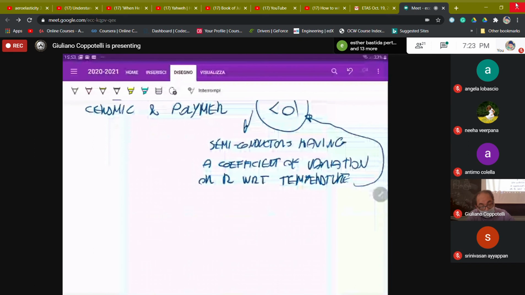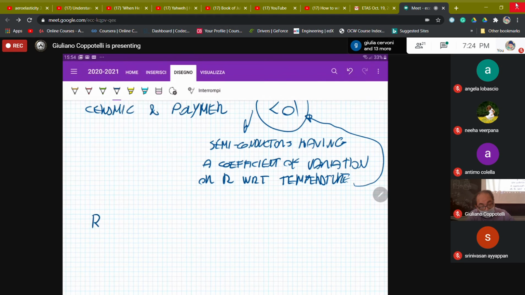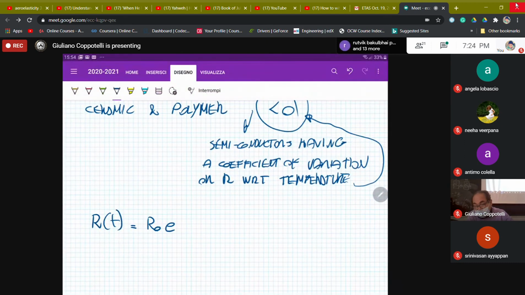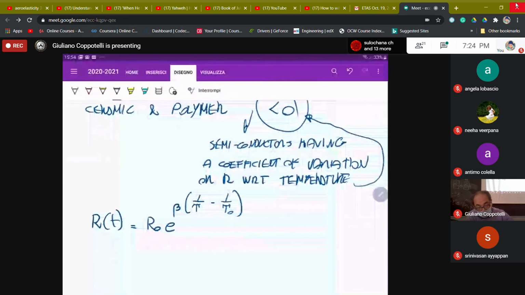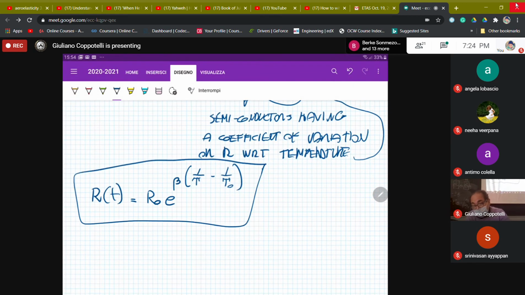The general equation for that is such a resistance R = R0 times e to beta (1/T - 1/T0). That is generally referred to as the Steinhart equation.